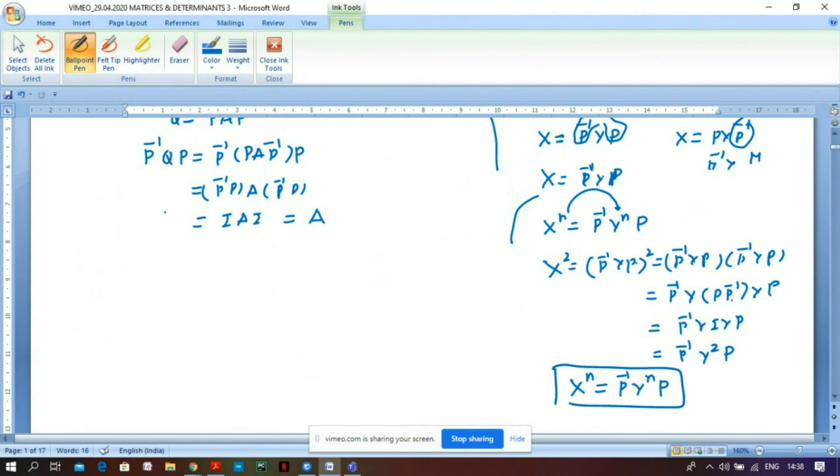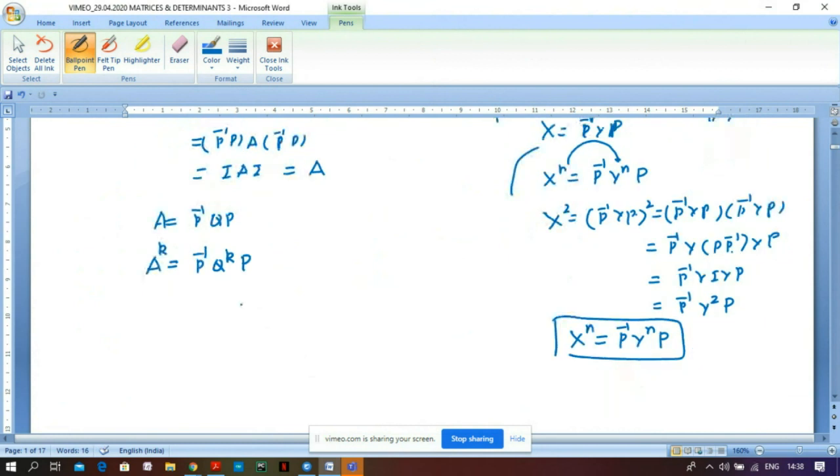Look at this one. We have got the same thing here. We have got A is P inverse QP. So if I take A to the power any power, say A to the power k, I should get P inverse Q to the power k times P. Now your job is to find this one, Q to the power 2020, and now you already know that P inverse is now P transpose.